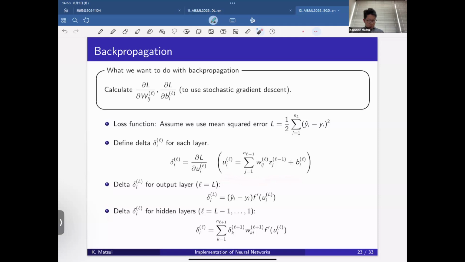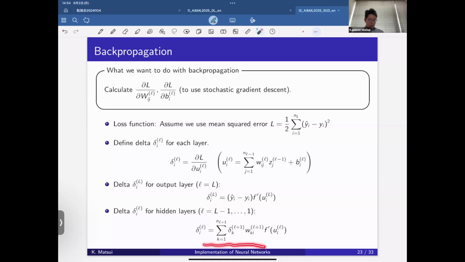Delta for the output layer when we use mean squared error as the loss function becomes like this. Delta for hidden layers needs this kind of addition because of the influence of becoming a matrix.